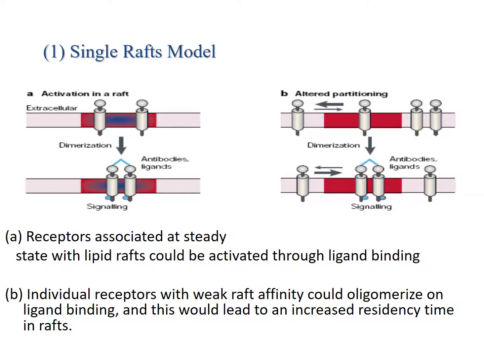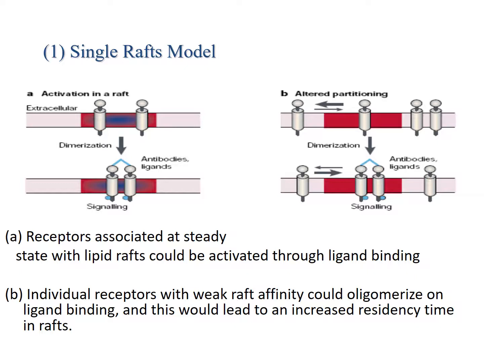Antibodies, ligands, etc. cause a dimerization, and then there are other signaling molecules recruited to this side of the transmembrane receptor.